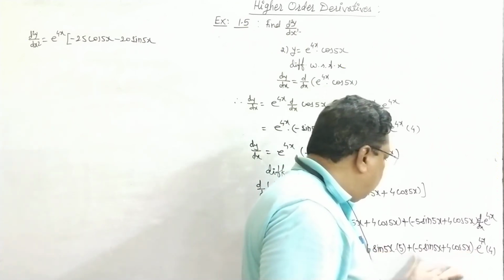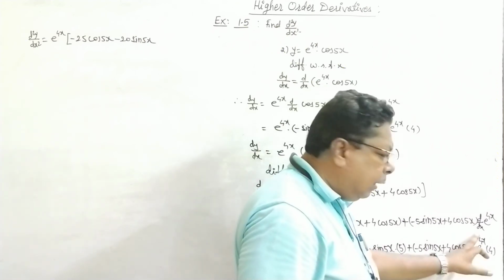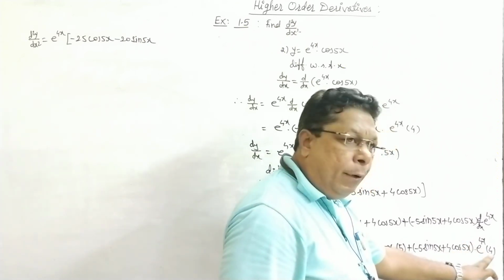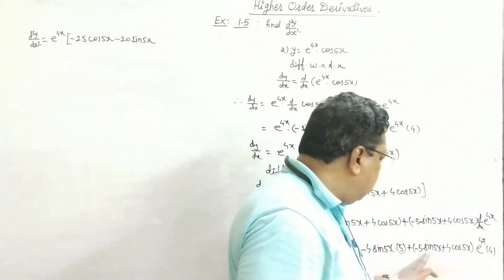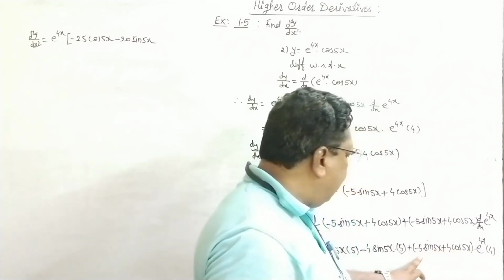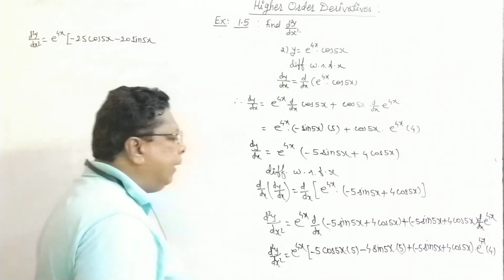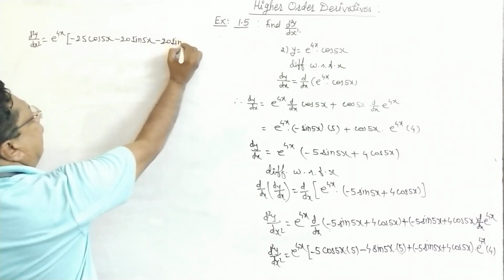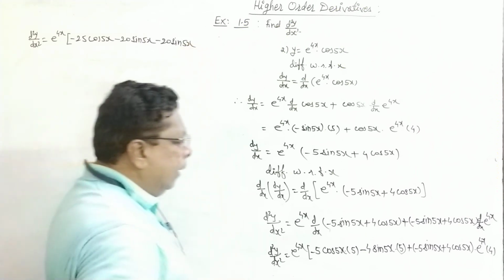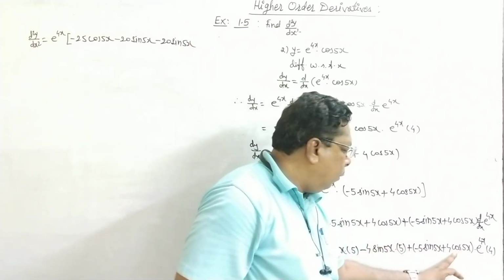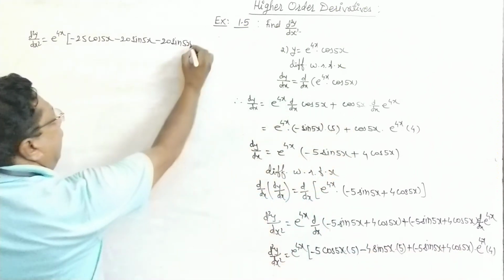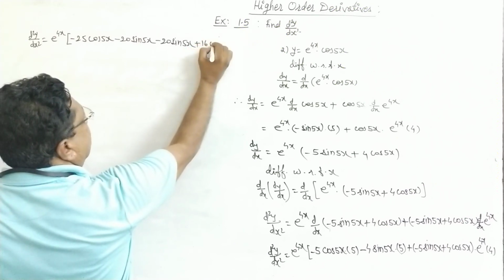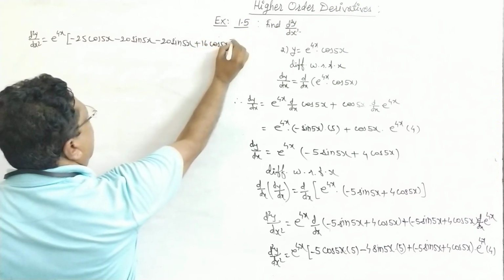Now here outside the bracket e raised to 4x, e raised to 4x is common, but 4 is there. Multiply by 4 to this bracket. 4 into minus 5, that is minus 20 sin phi x, and 4 into 4 plus 16 cos phi x.